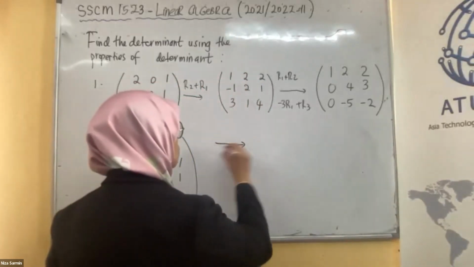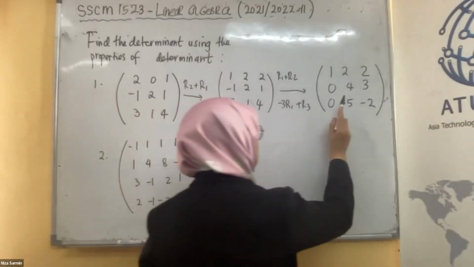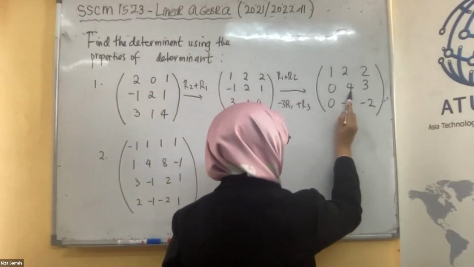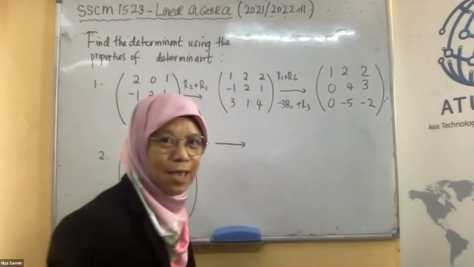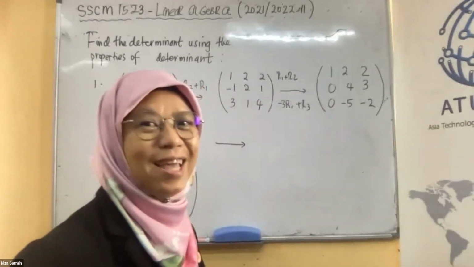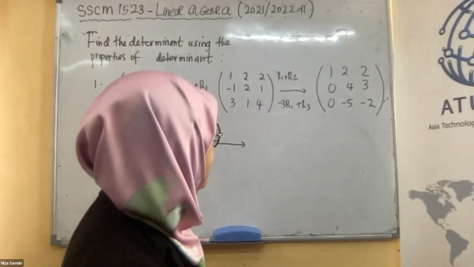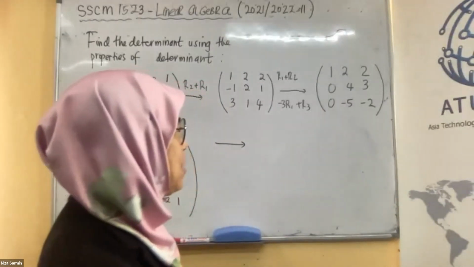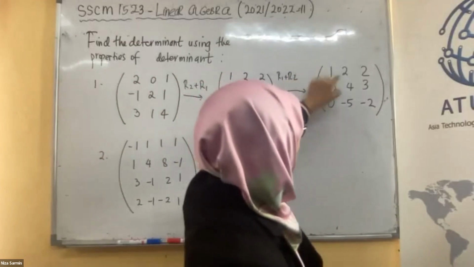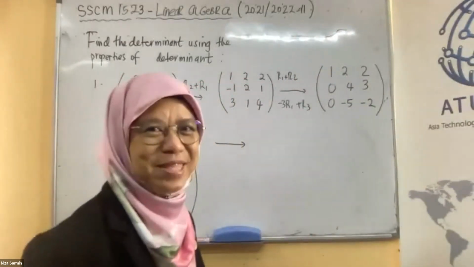So what I will do is add. You can make this with this, there is a 5, you can add. Okay, how do you add? This is the long way actually. There is a shorter way: just take this, you know already the answer, and take the determinant. But that is not the property.